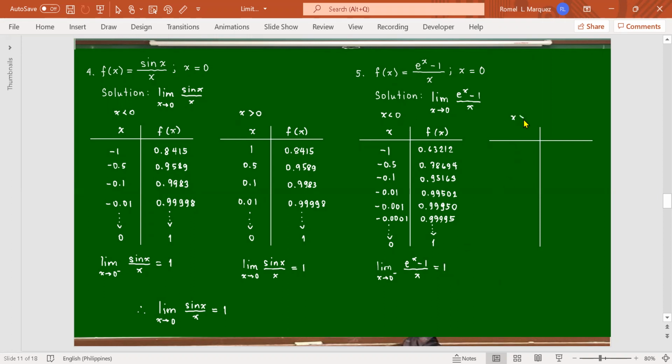So what about when x is greater than 0? Let us list down the values of x that we're going to assign: 1, 0.5, 0.1, 0.01, 0.001, 0.0001.